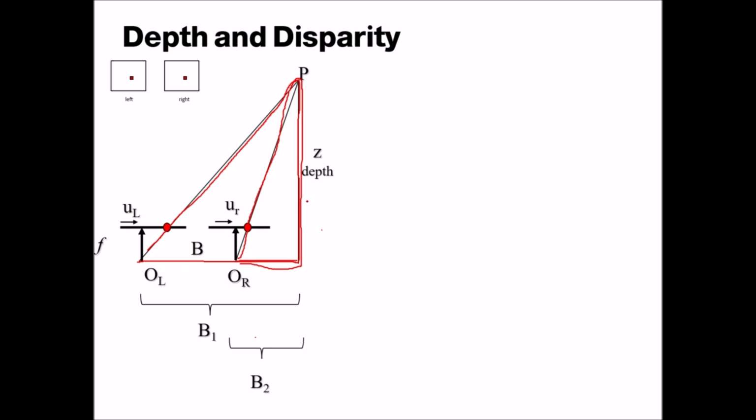So the idea is UL divided by F has the same relation as B1 divided by Z, which is this big triangle. And the same for UR: UR divided by F has the same relation as B2 divided by Z. Both of them are in the same direction, so we don't have a minus here.